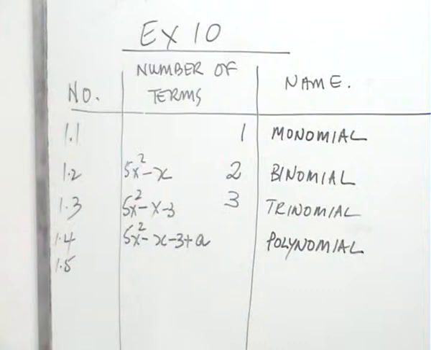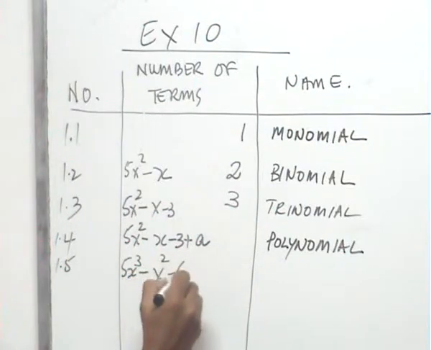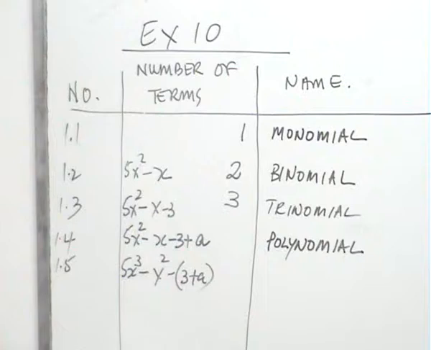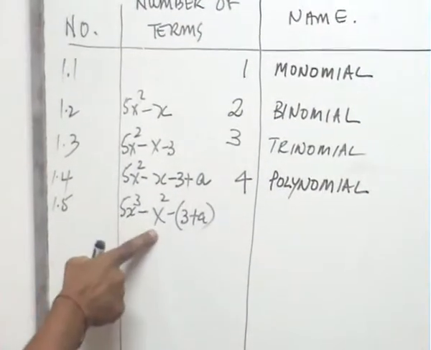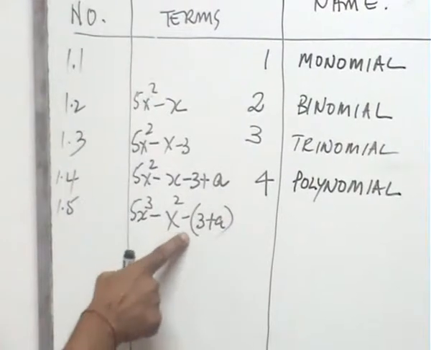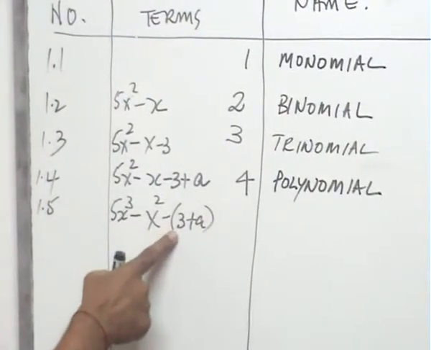1.5. The question is 5x cubed minus x squared minus open bracket 3 plus a close bracket. So, well, actually the number of terms here was 4. So if you look here now, this is one term, that's another term, and this whole thing will be considered as one term.